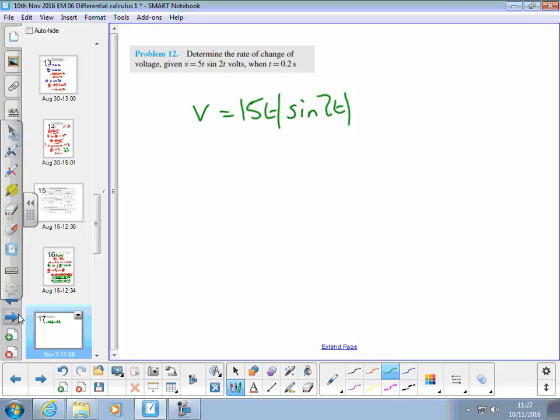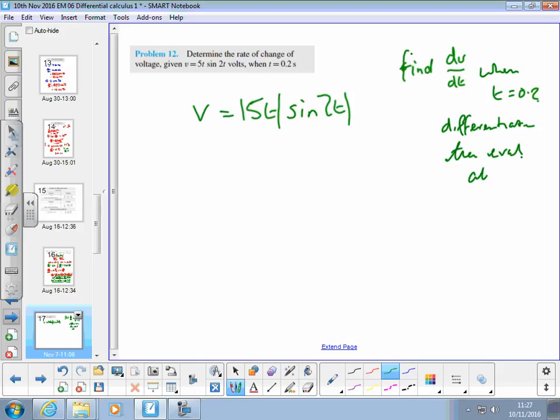But we've got to find dv by dt, the rate of change of voltage with time when t is equal to 0.2. So we need to differentiate, then evaluate at t is equal to 0.2.